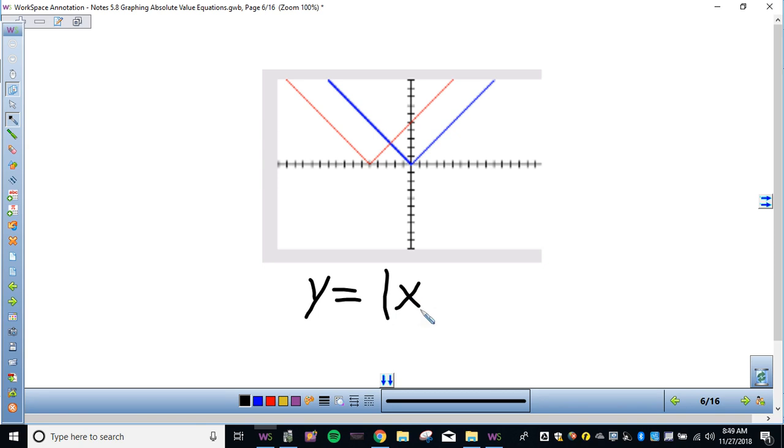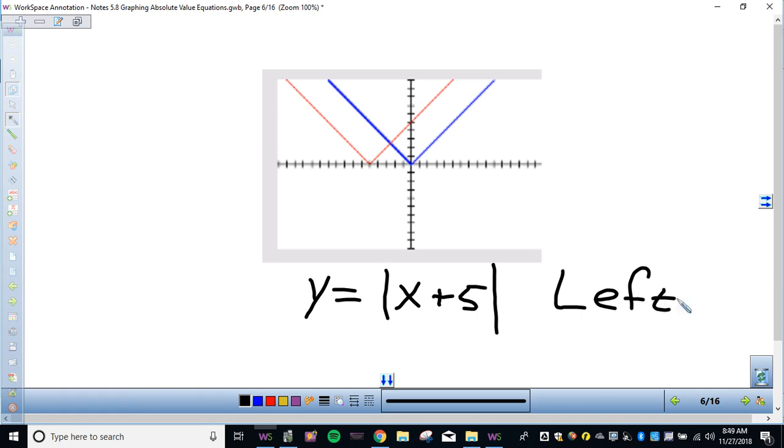Inside or outside? Inside, plus 5. So plus 5 moves left 5. Draw this picture in your notes, so you have that down. Left 5.